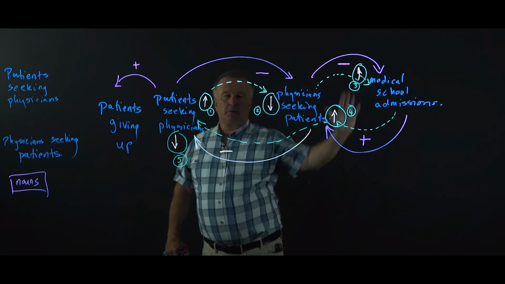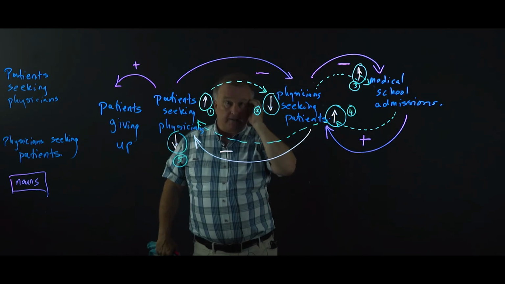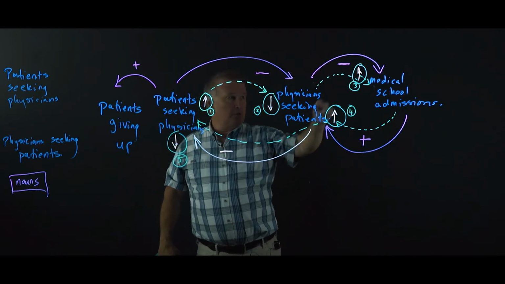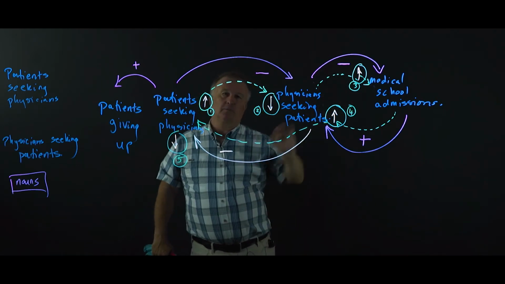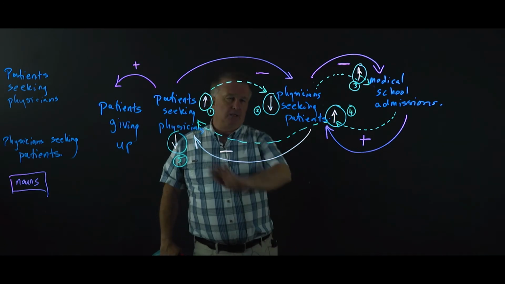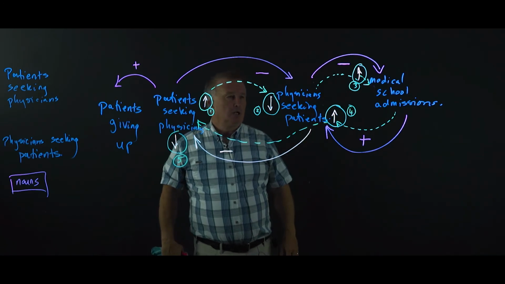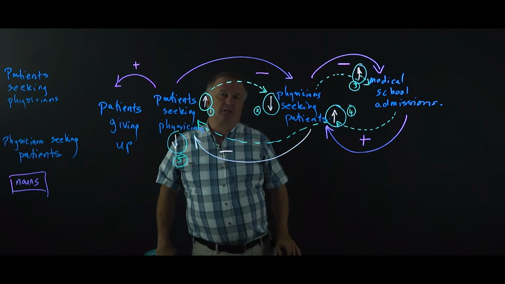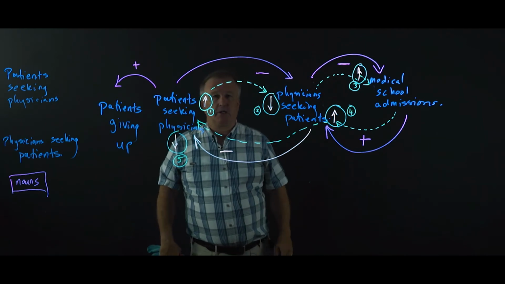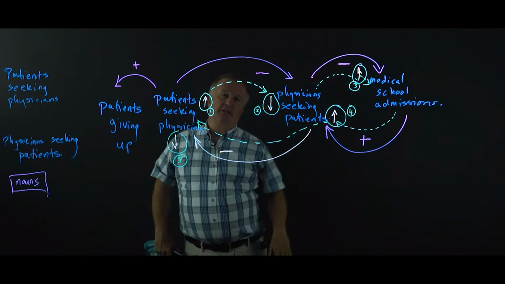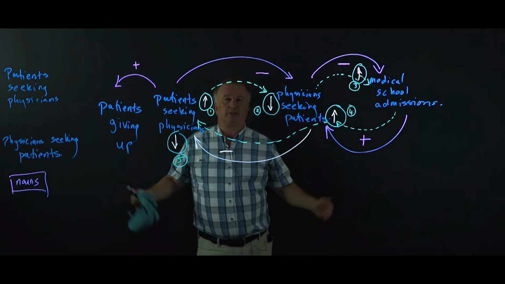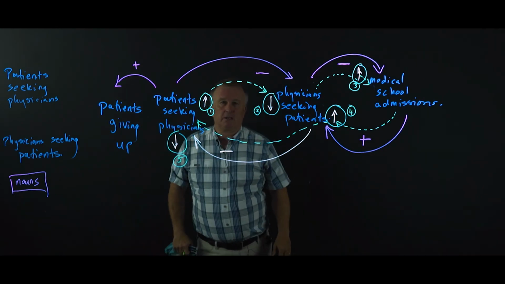And so this would be an example of using a causal link diagram and saying, well, what if we did the following? What if we actually adjusted the number of medical students depending on some sort of moving average of the number of patients seeking physicians, or the number of physicians seeking patients? And you can see that this would actually now have the effect of essentially stabilizing or balancing that loop.